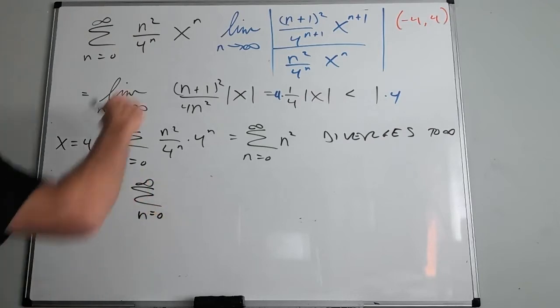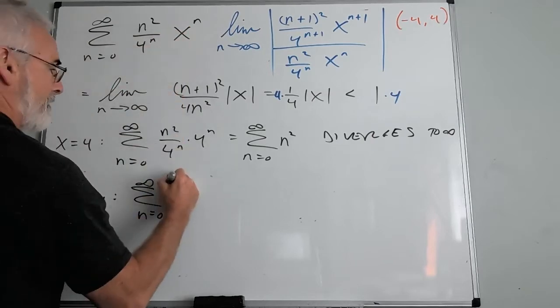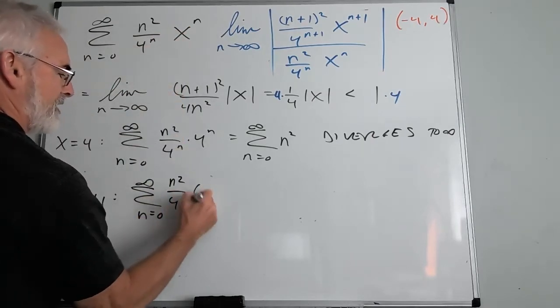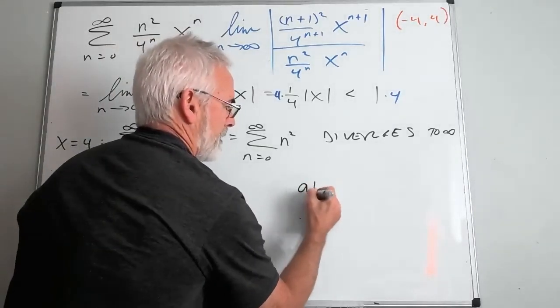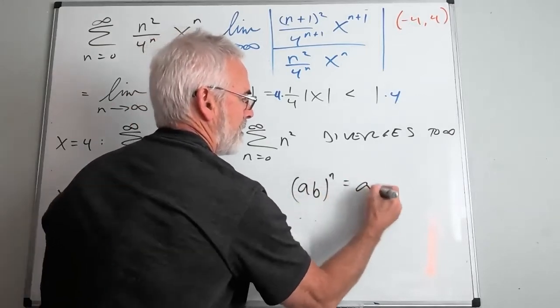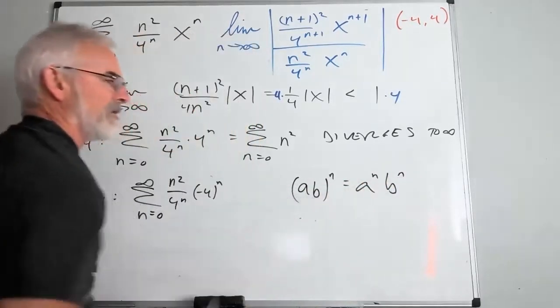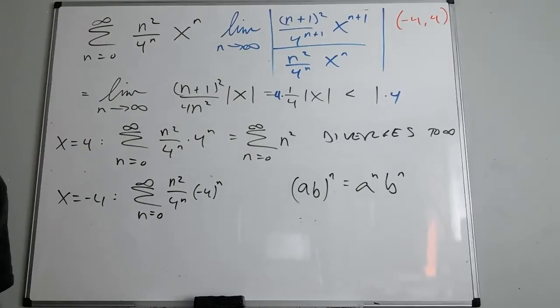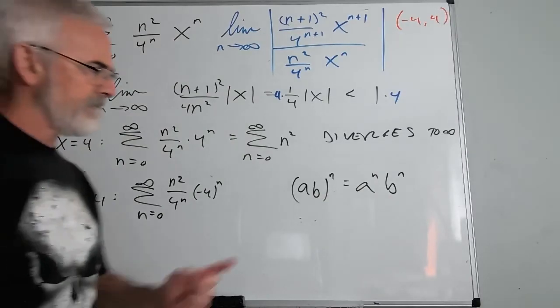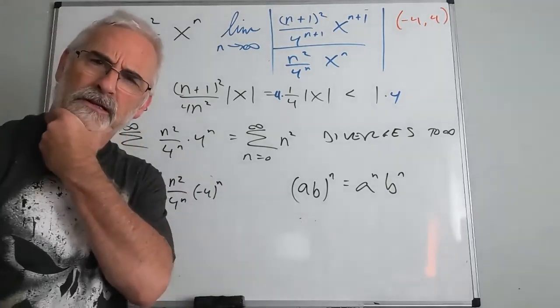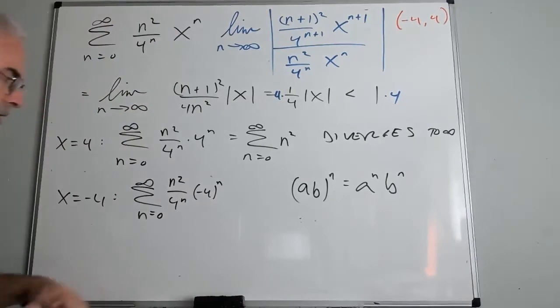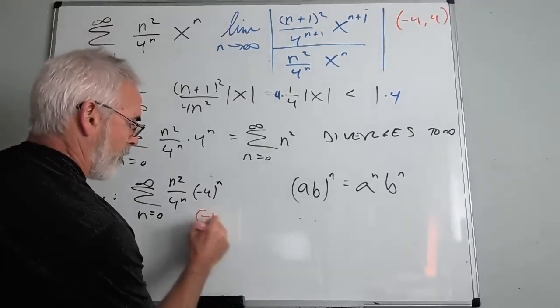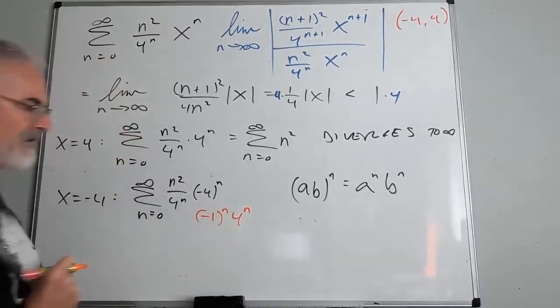If I replace with -4, I've got n squared over 4 to the n, -4 to the n. Can I get any cancellation here? True or false? What do you think? True. So how does that help me here? Because isn't this -1 to the n times 4 to the n as a result?